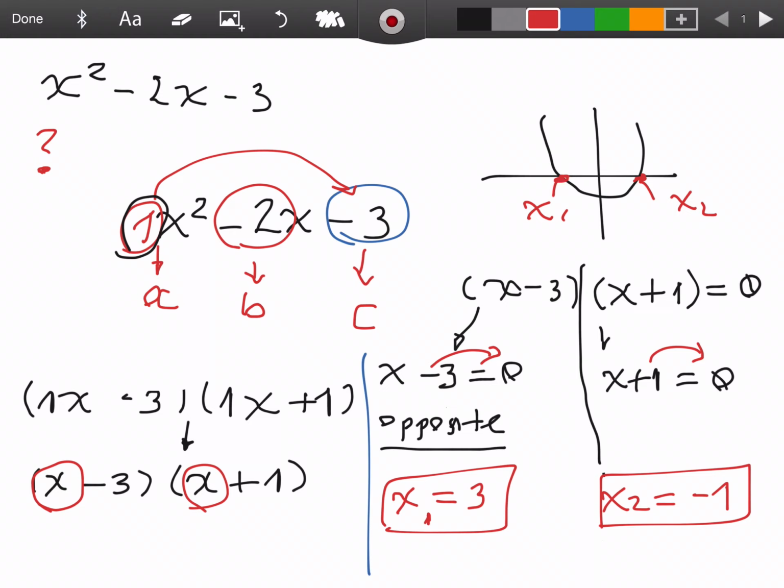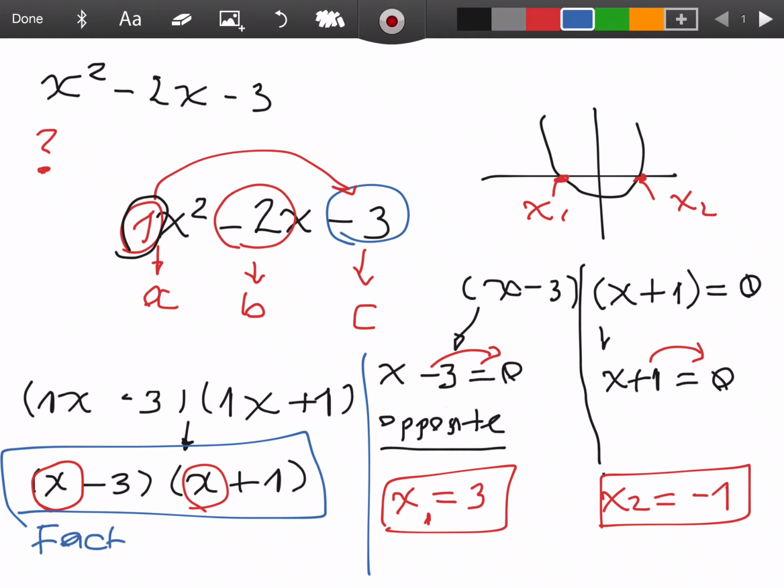It is the step by step in order to get the factorization, that is the brackets, again, the brackets. It is the factorization product. And then what you have in the red squares is the values for the x, or the roots we have in a quadratic equation.